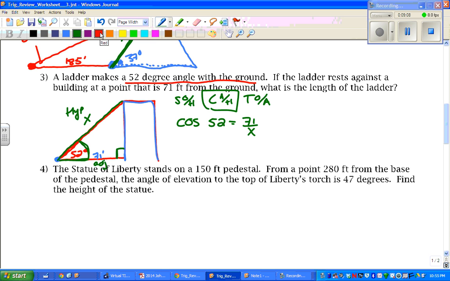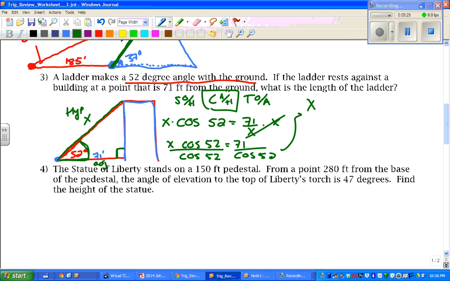Okay, now I have to just solve for x. So I'm going to multiply both sides by x to get that out of the denominator. So x cosine of 52 equals 71. I'm going to get x by itself. To get rid of that cosine of 52, I'm going to divide both sides by cosine of 52.